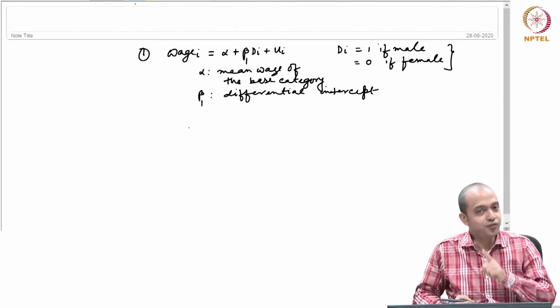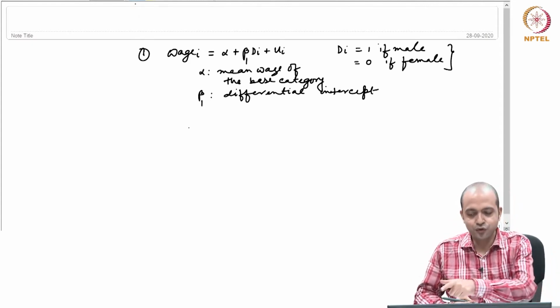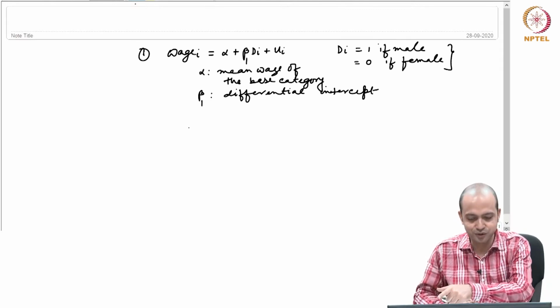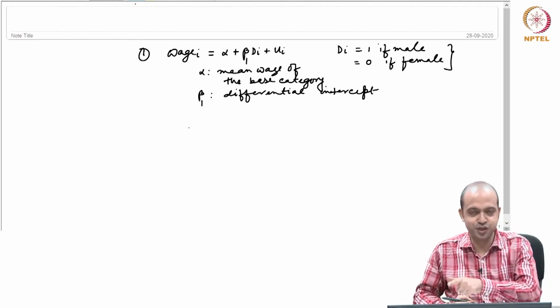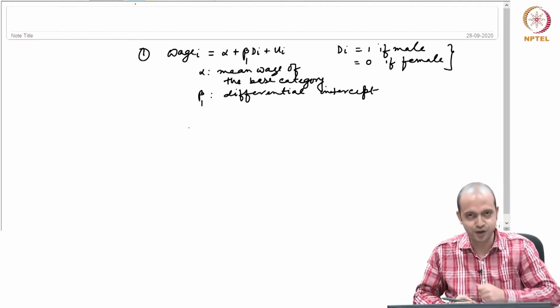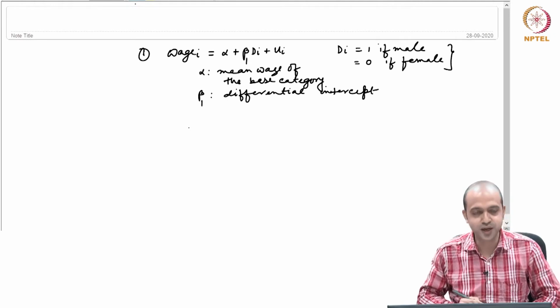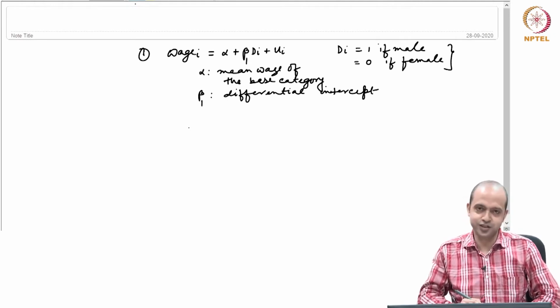So, alpha is the intercept for the female category or the base category, and alpha plus beta 1 is the intercept for the male category. That means beta 1 indicates the differential intercept.